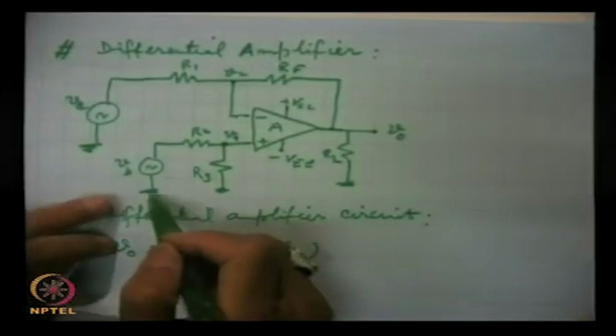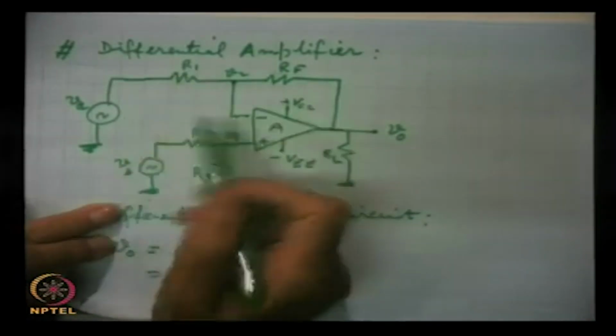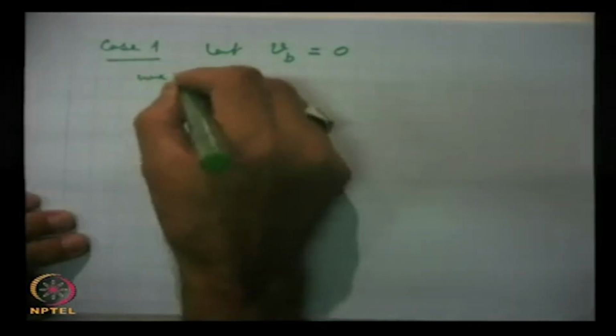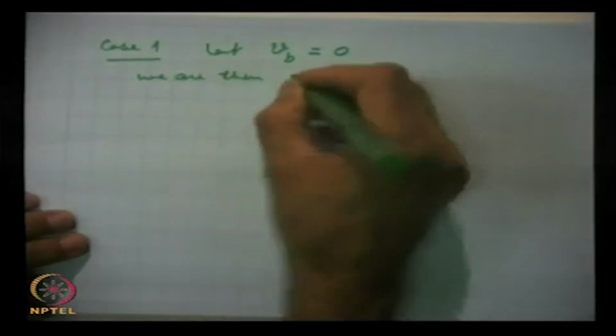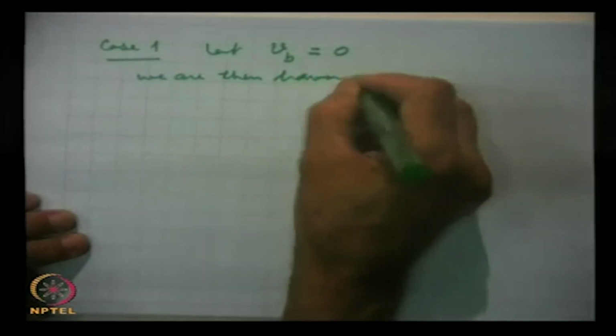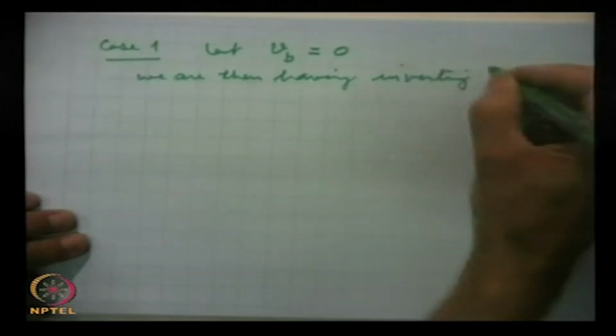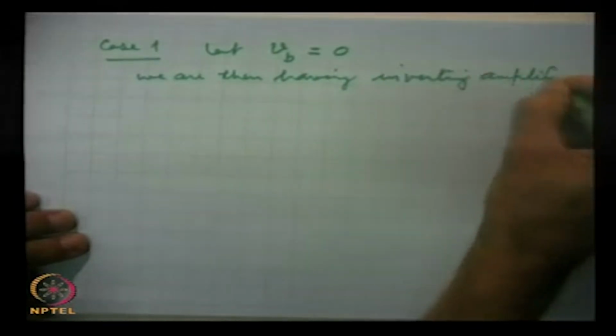VA, as you will see, if this is grounded, this is an inverting amplifier.